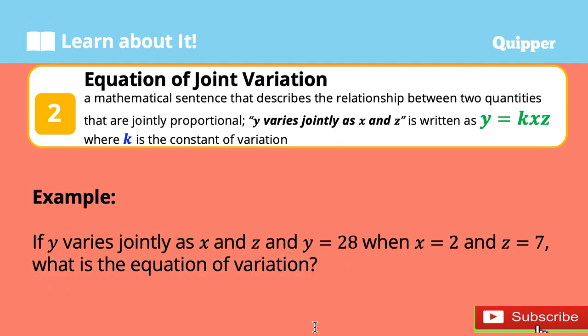Okay, let's try an example of how to find an equation of a joint variation. If y varies jointly as x and z, and y is equal to 28 when x is equal to 2 and z is equal to 7, what is the equation of the variation?